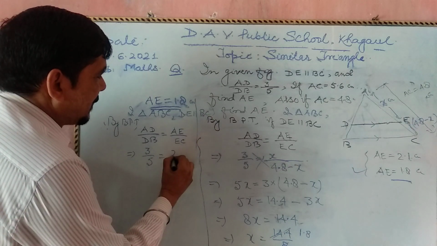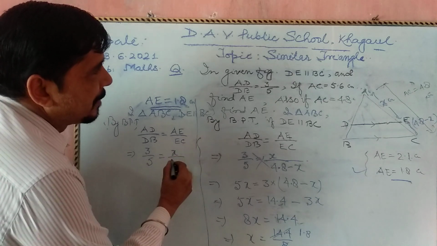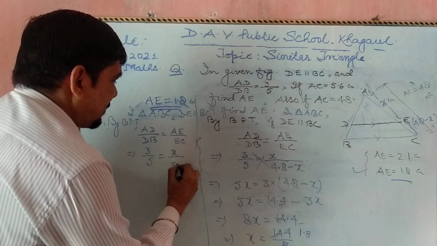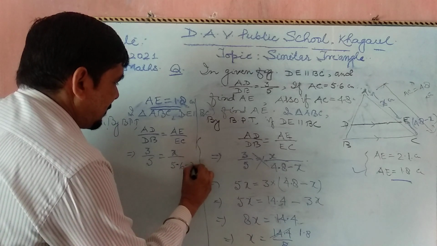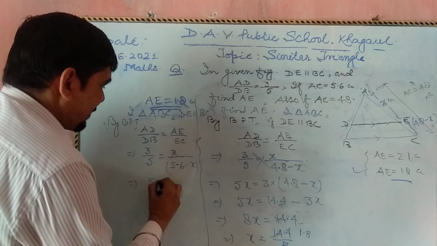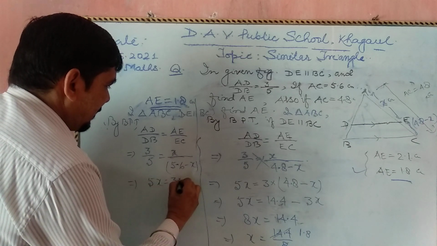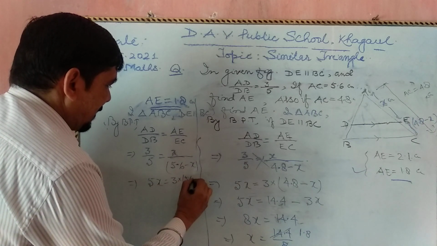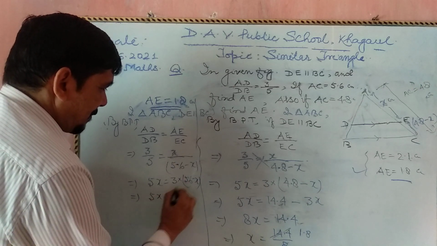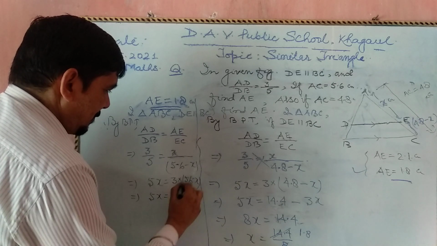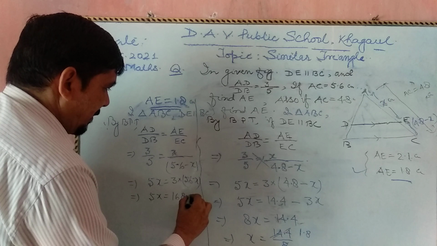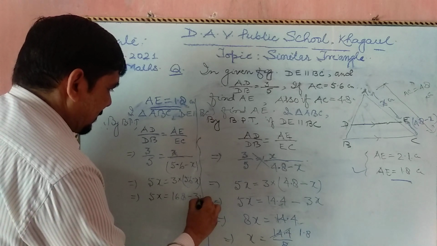Take AE equal to X. Then EC should be, taking AC equal to 5.6, 5.6 minus X. Now 5X is equal to 3 into (5.6 minus X). Solving, 5X is equal to 16.8 minus 3X.